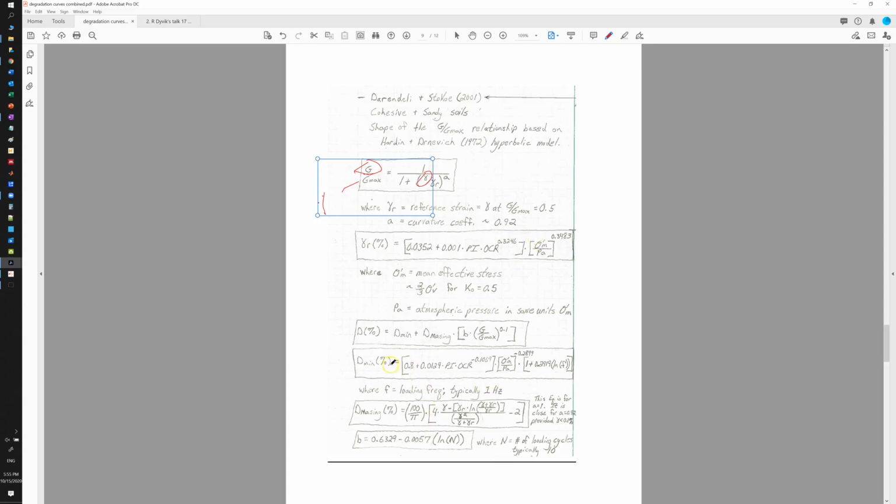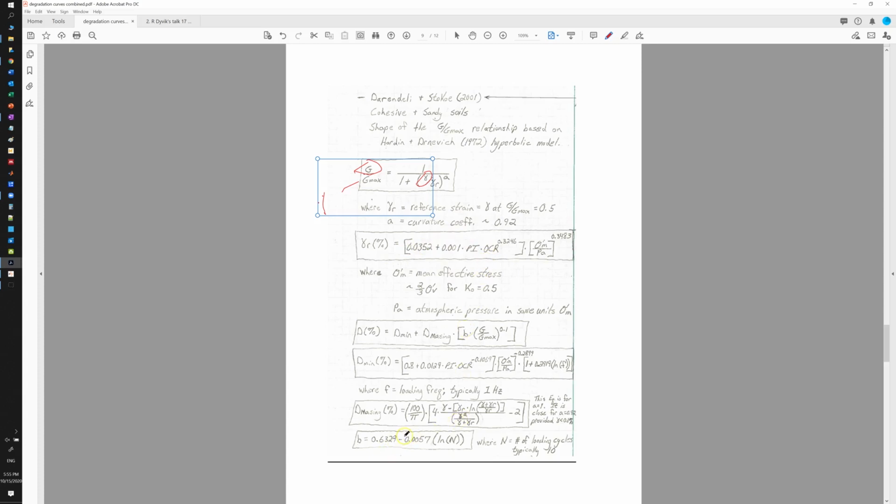And very similar, this is the damping ratio curve. The D min, he provides functions right there. Again, this works for both sand and clay, so that's why you have the confining stress and also the PI. And the D min has another constant that depends on the right there. And this reference strain ties back to what you have calculated before.